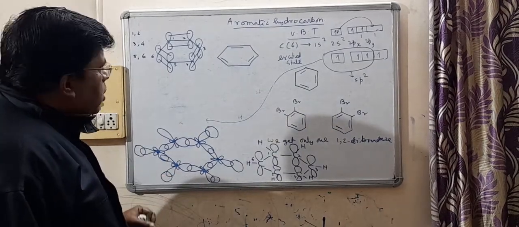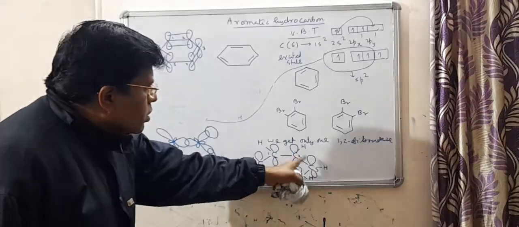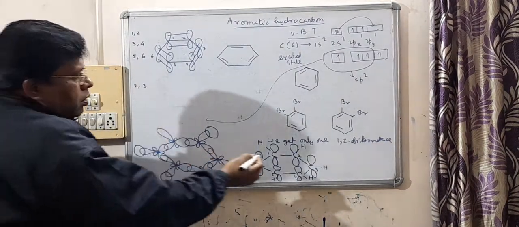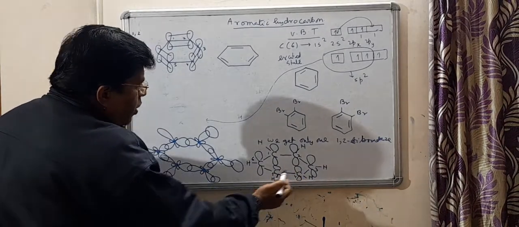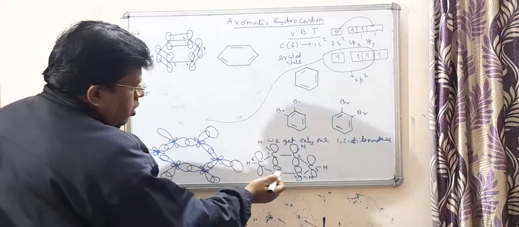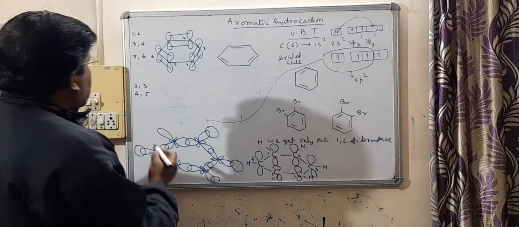Now next it is said that not 1, 2, it can be 2 and 3. 2 and 3 sidewise overlapping. Then it can be 4 and 5 sideways overlapping, and then it can be 1 and 6 sideways overlapping.